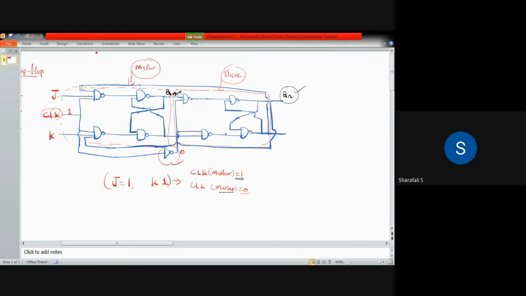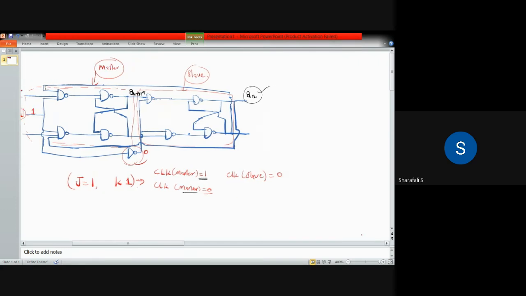When you are considering the second flip flop, consider that the clock of slave is equal to 0, and whatever output you are getting here, that is your Qm, which is fed to this particular NAND gate, and this entire system will be acting as another JK flip flop.